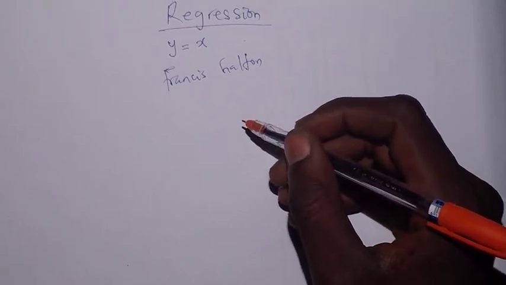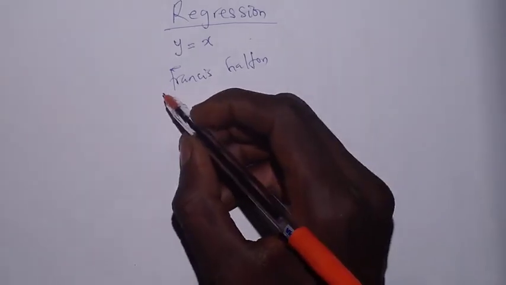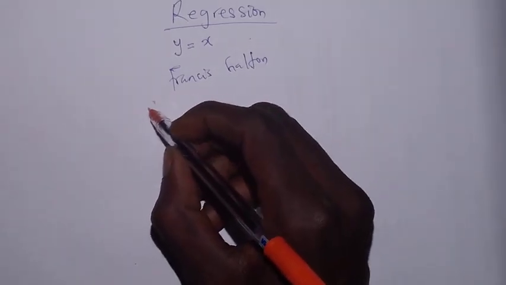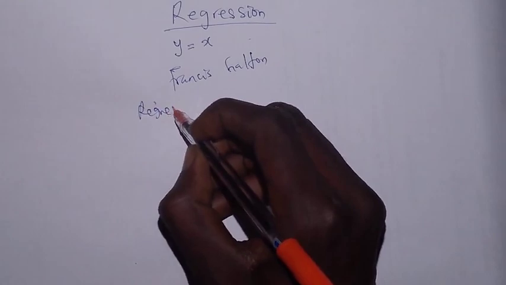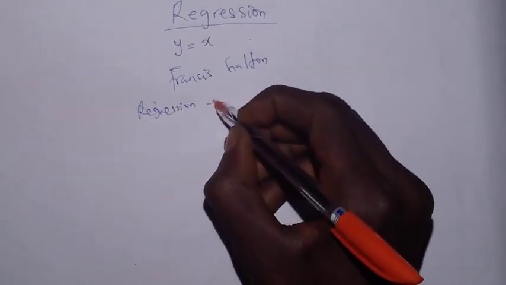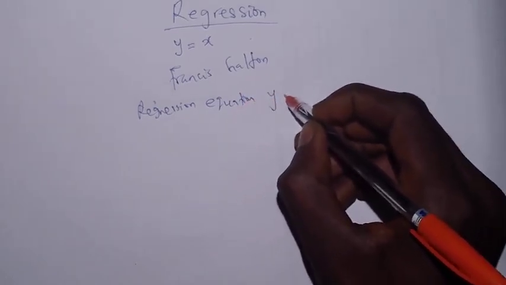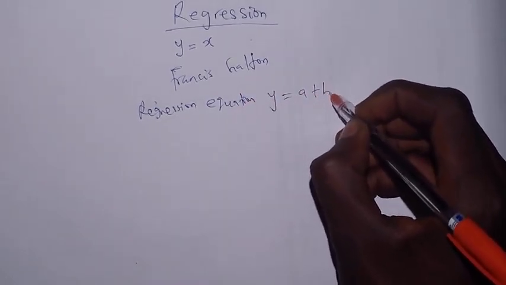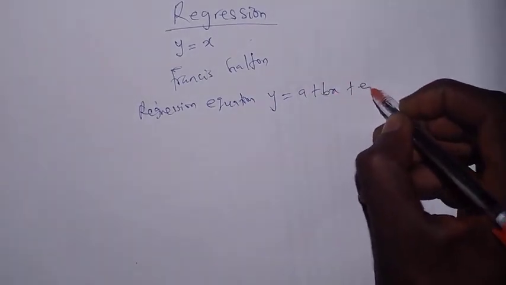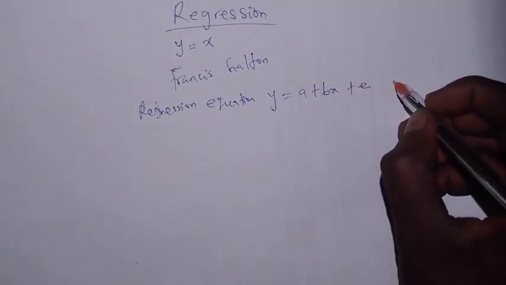So, in econometrics, the regression equation is y is equal to a plus bx plus e. This is regression equation, right?